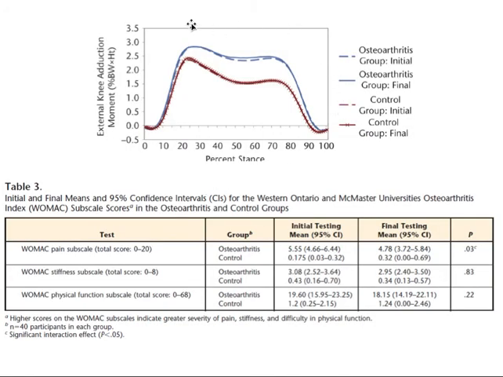But here's their comparisons in terms of pre and post training, in terms of the loading at the knee abduction moment as they walked. So the y-axis here is how high the knee abduction moment is in terms of their walking, and we can see it's still higher in the OA group, and after training there was really no effect in either group.